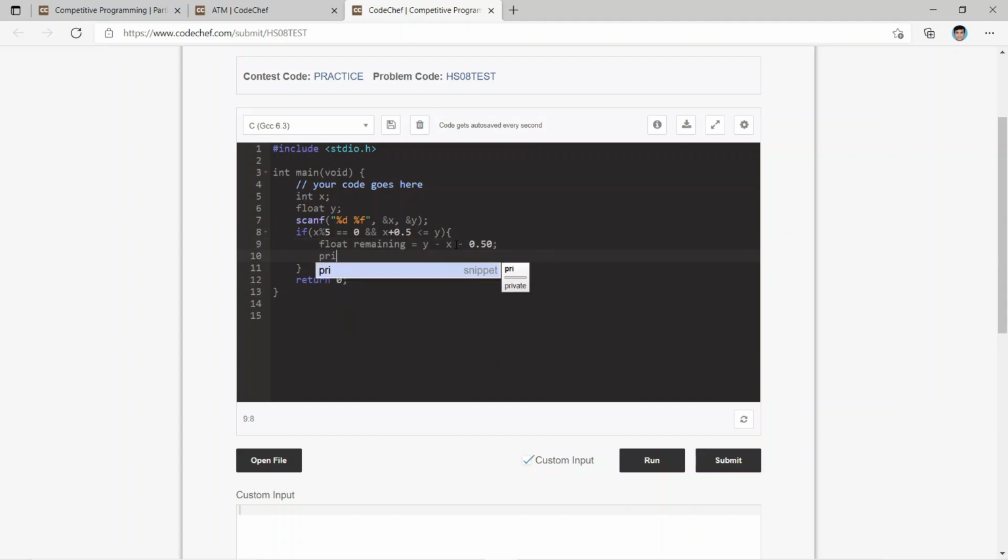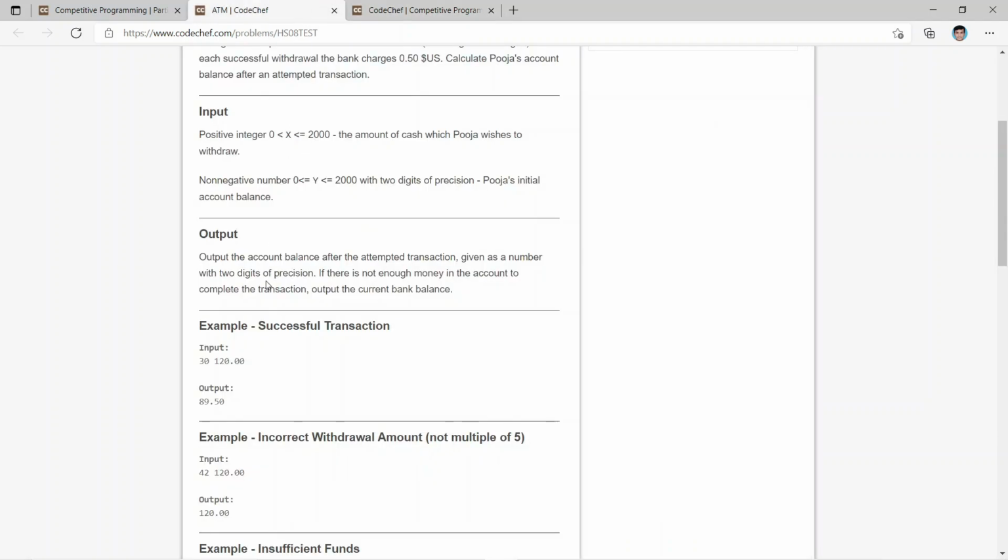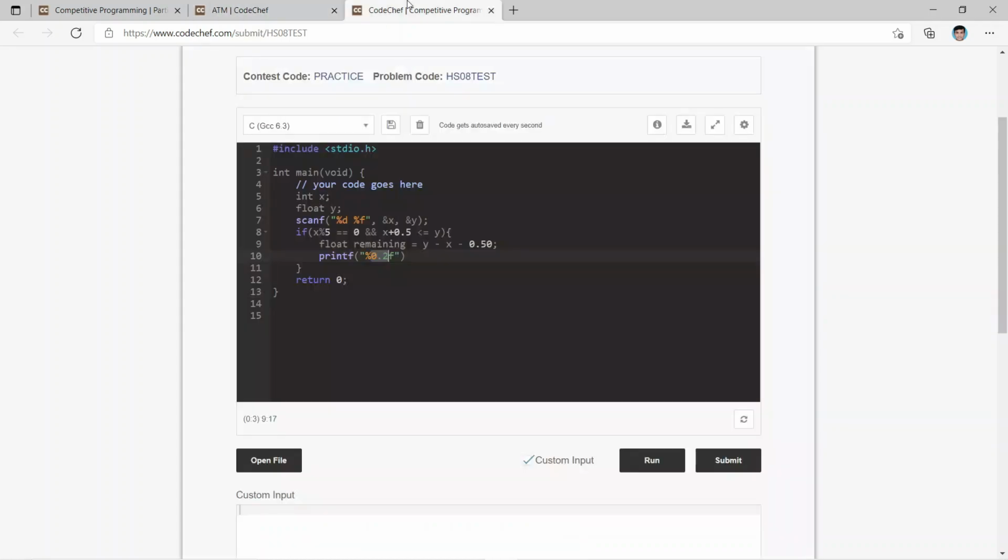Alright, and we have to print it with %0.2f, and this is why I add 0.2, because the output wants the answer with two digits of precision. So 0.2 will make it two digits, and we have to output the remaining balance.